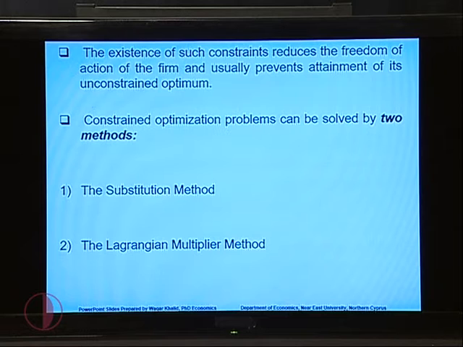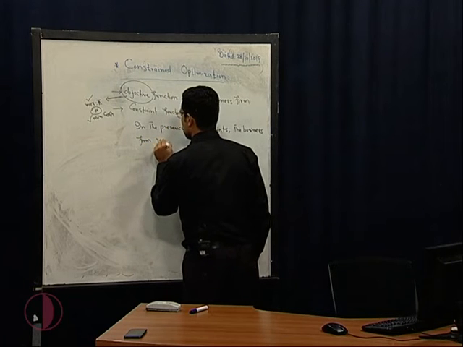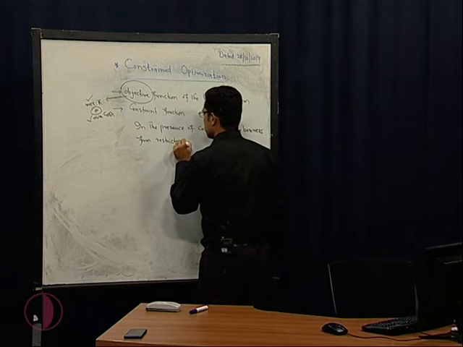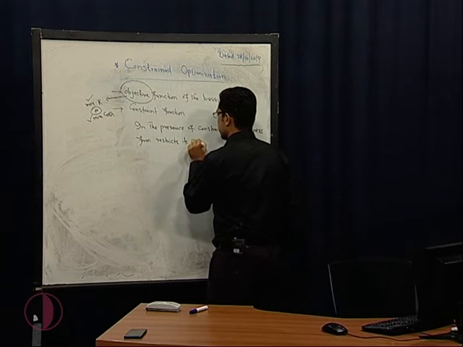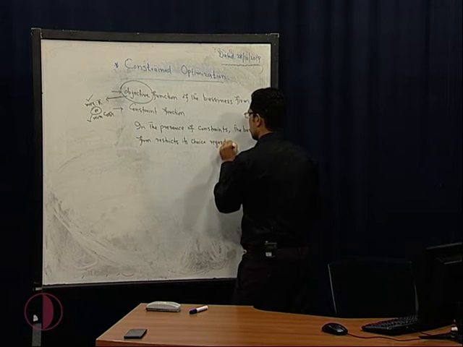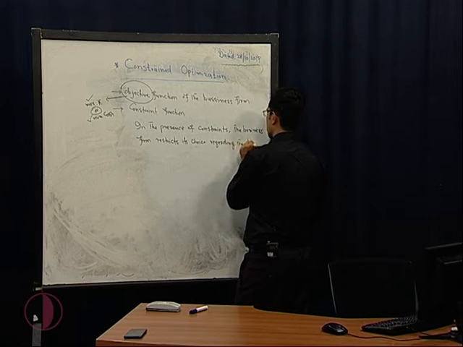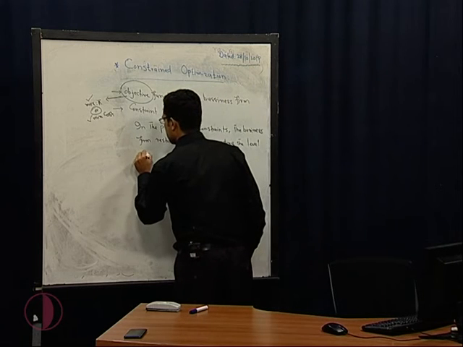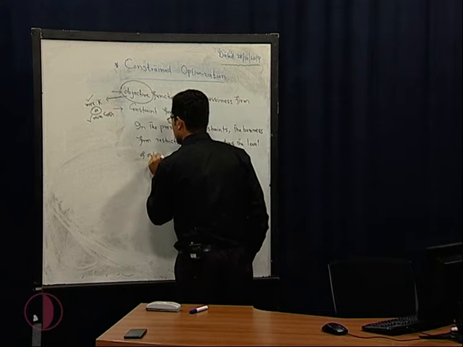It means that in the presence of constraints, the business firm restricts its choice regarding the level of output.